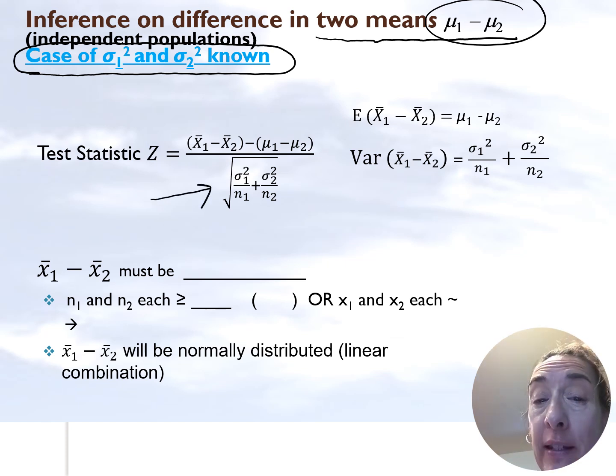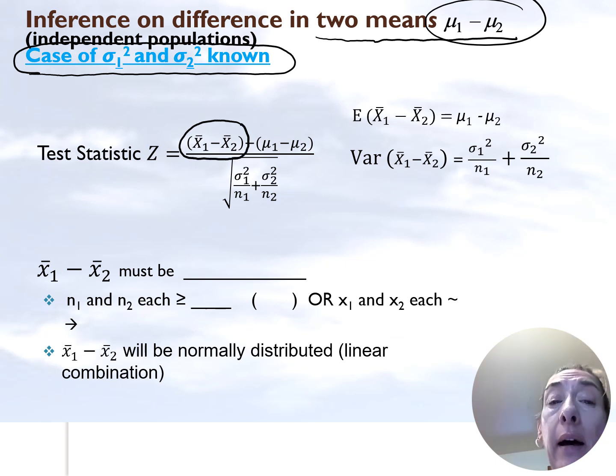Because z involves sigmas in the denominator. However, in order to use z, the quantity that I have circled here must be normally distributed in order to transform that quantity to a z random variable. So, in order to use z, x1 bar less x2 bar must be normally distributed.